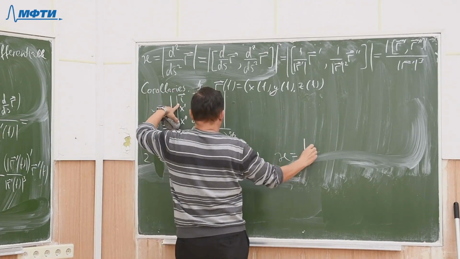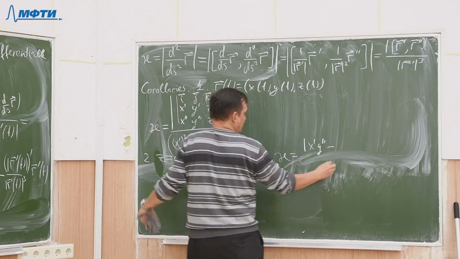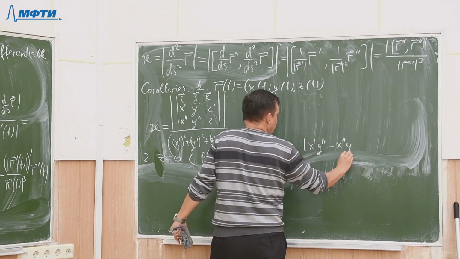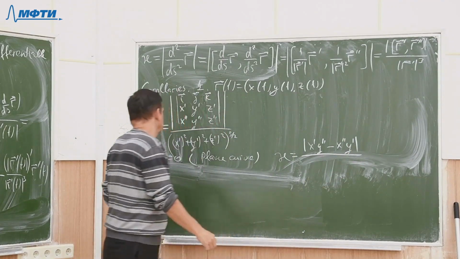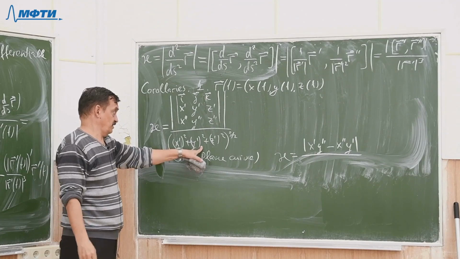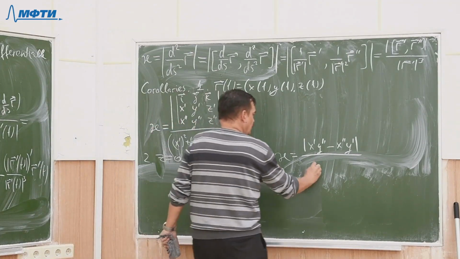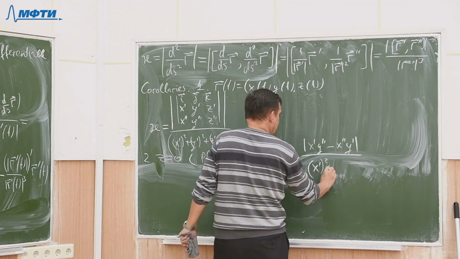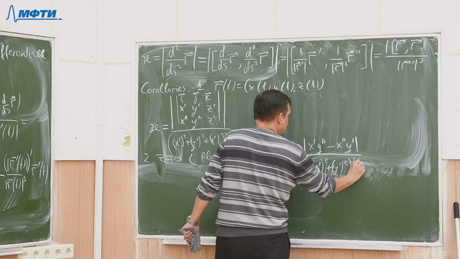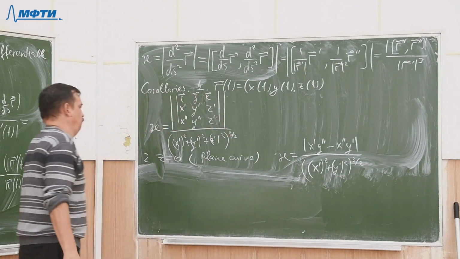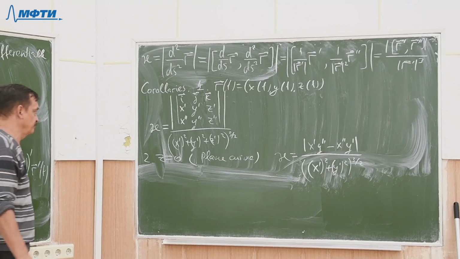It gives x prime y double prime minus x double prime y prime over... Here practically the same, that prime is 0. So x prime squared plus y prime squared to the power 3 over 2. That is for a plane curve.